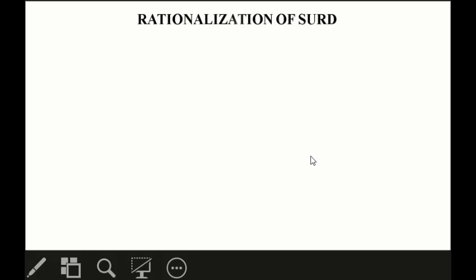So let's talk about rationalization of surds. When we talk about rationalize, it implies to take away a root sign or a surd from the denominator of a particular what? Fraction.